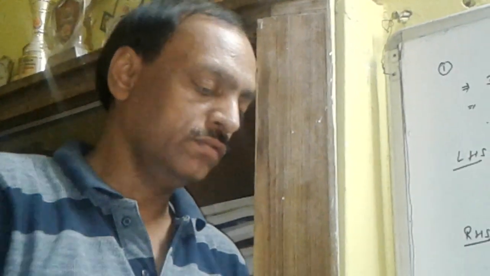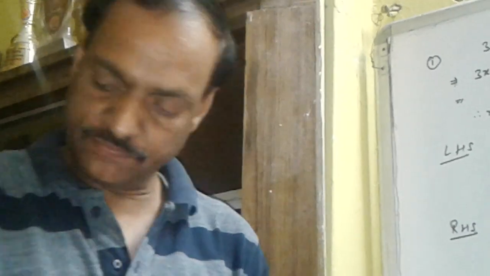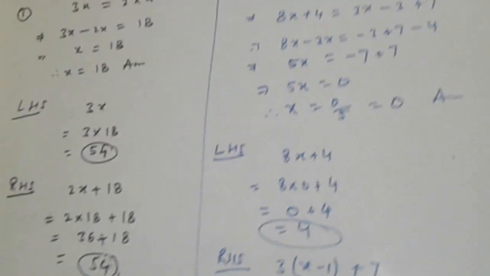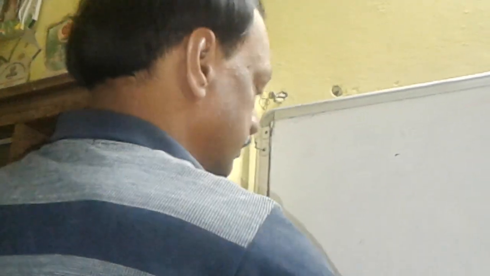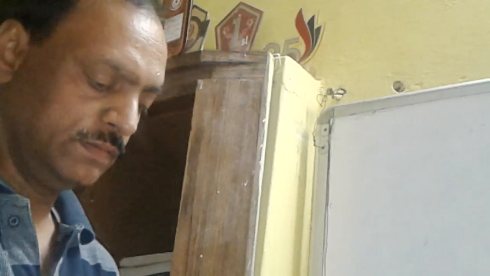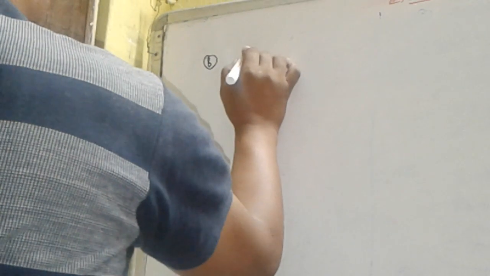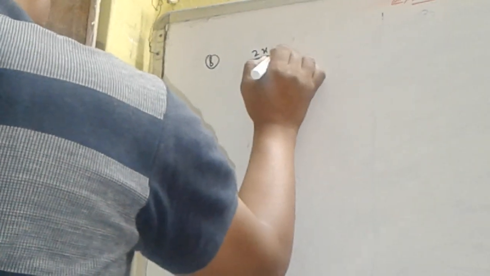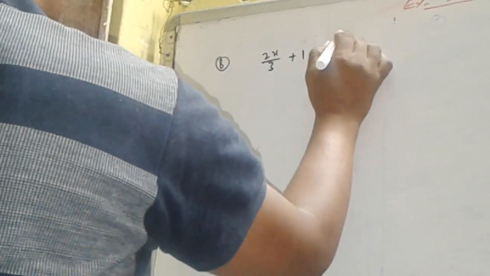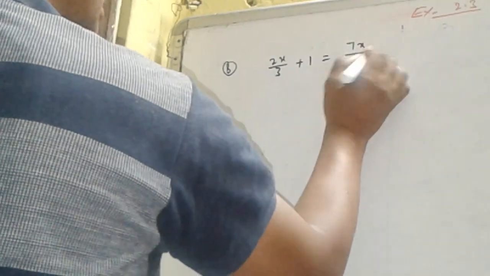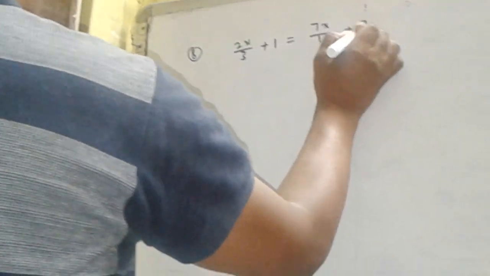Just take more questions. Now we are going to take question number 8 here. Question number 8 is 2x by 3 plus 1 equal to 7x by 15 plus 3.